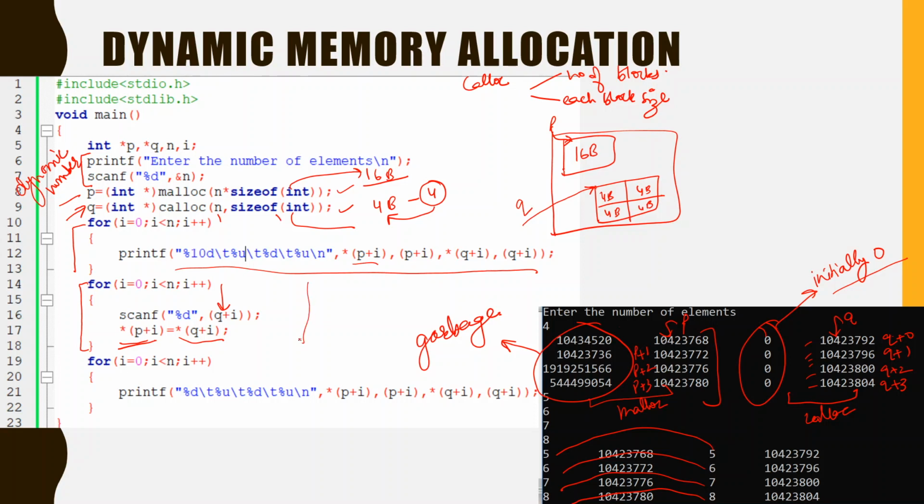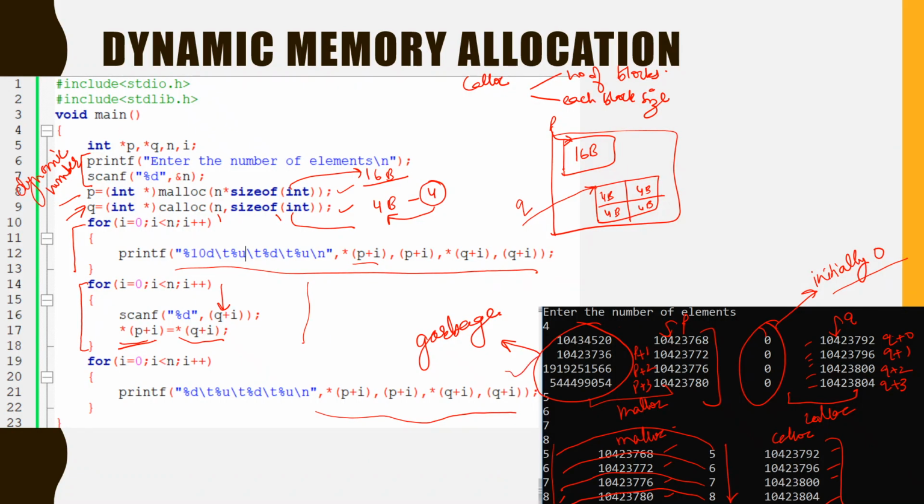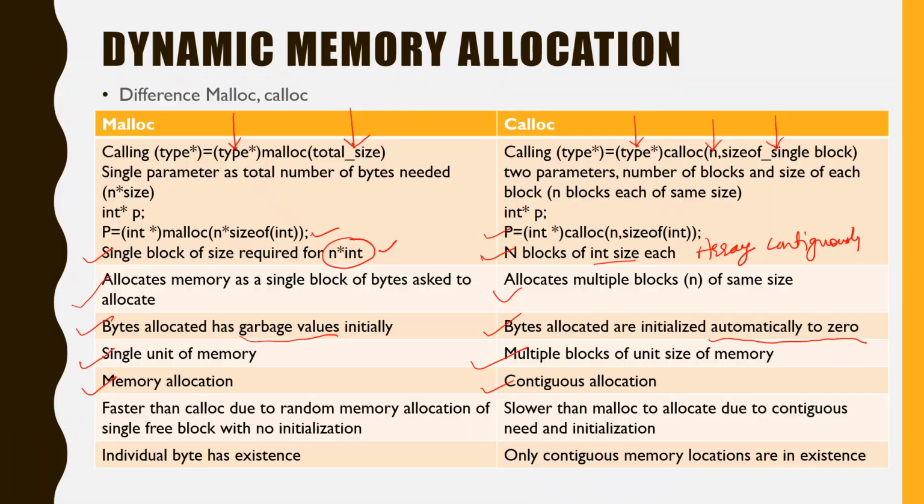After these assignments and taking the values from the user, we printed the values again, and these values are now both the same: 5678, 5678, but the memory locations are different because one is from calloc and the other is from malloc. So this difference is also clear: malloc allocates memory as a single block, calloc automatically initializes to 0, and malloc initially has garbage values. These were the garbage values while allocating through malloc.